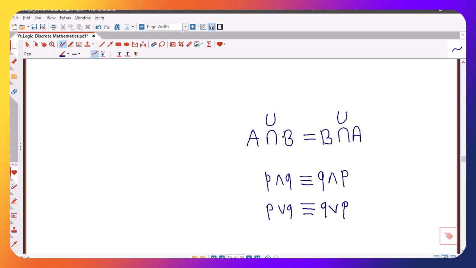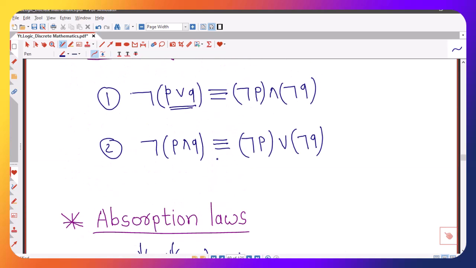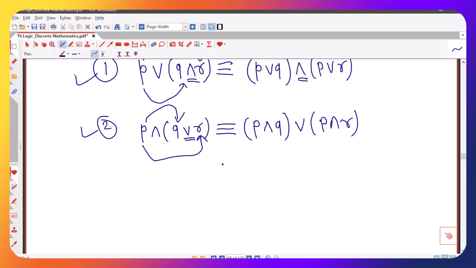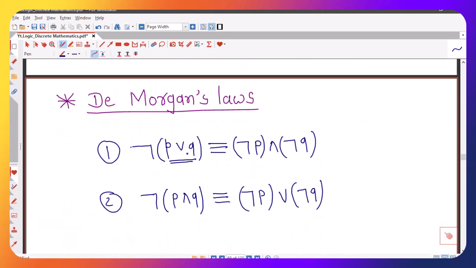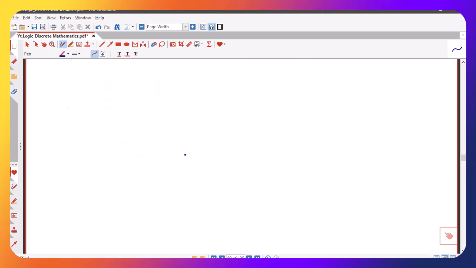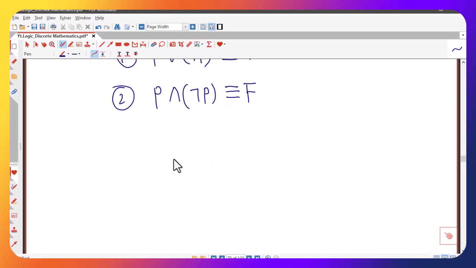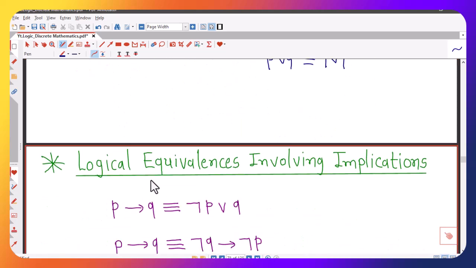All the laws which we have in set theory, we have written for logic also, and they are all valid. We can use a truth table to check their validity or logical equivalence, and we will use all these laws in upcoming lectures whenever required.